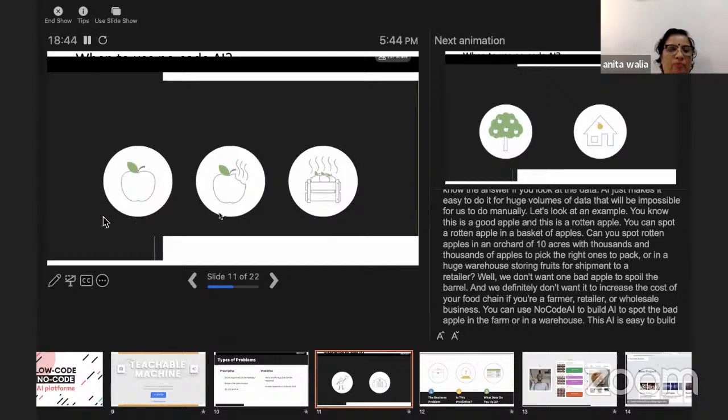With your expertise, you are able to identify which are good apples, and you can spot a rotten apple. But you can do this if there is a basket of apples, let's say a basket with 50 apples. With a human eye and manually you can segregate the good apples and the rotten apples.